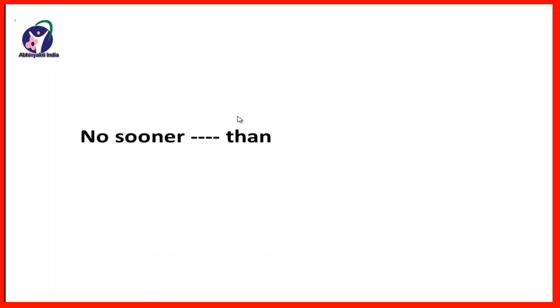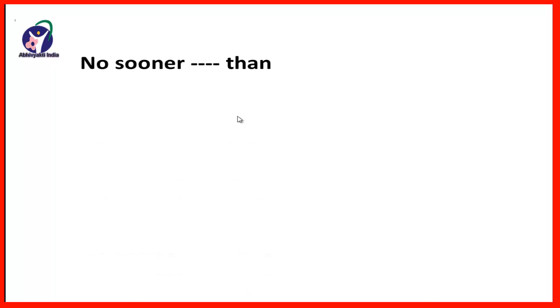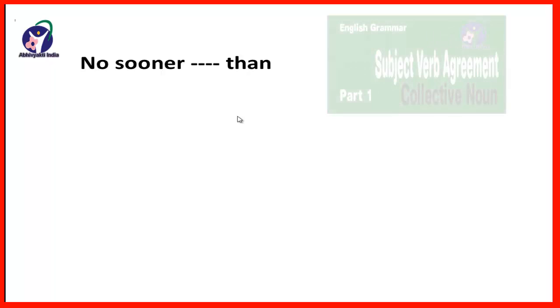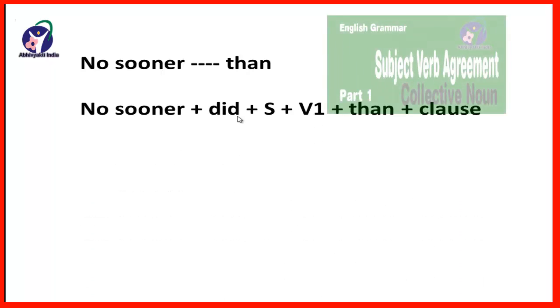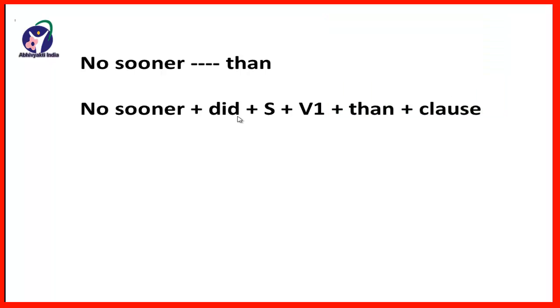Now we will see how to make the complete sentence with no sooner than. The sentence begins with no sooner, plus did, plus subject. Did is the auxiliary verb, so no sooner plus did plus subject plus V1 form of the verb.